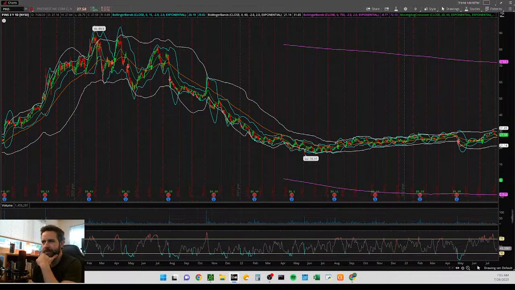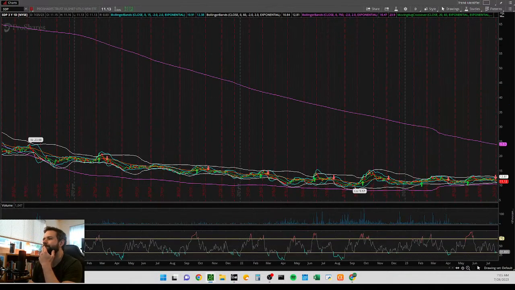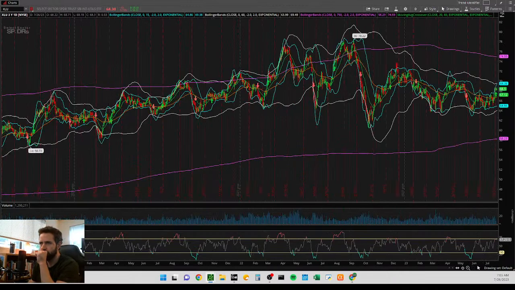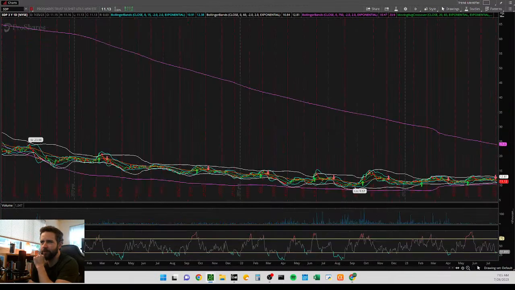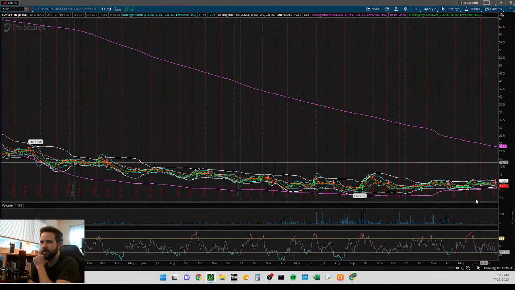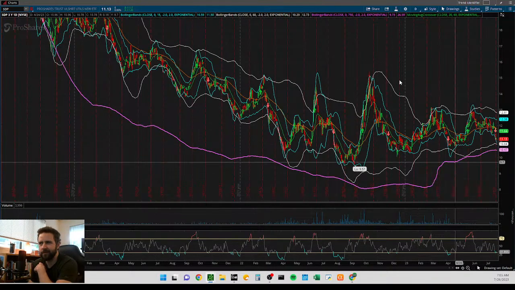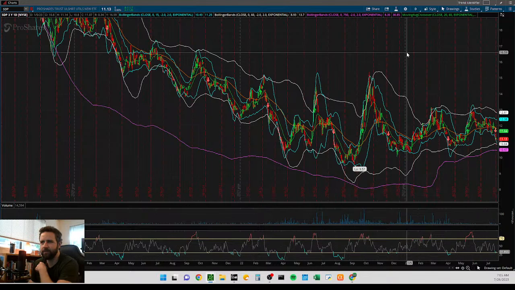So SDP. Well, utilities are technically bullish, but they're at the top end of the range. So I can probably hold SDP without too much of the inverse ETF decay that we have to worry about.